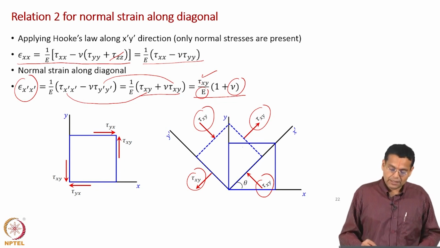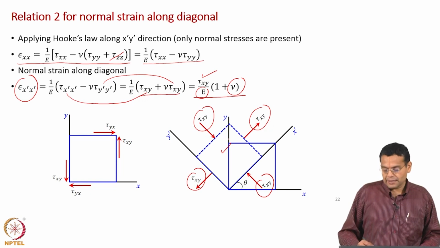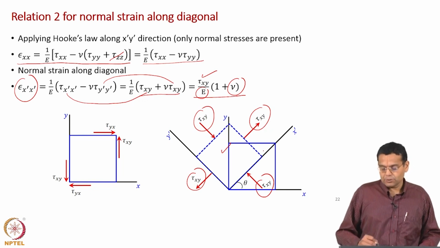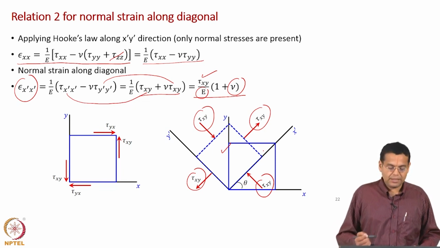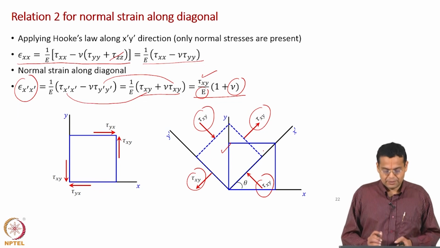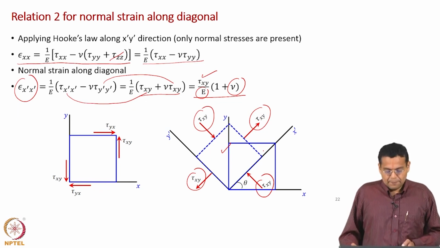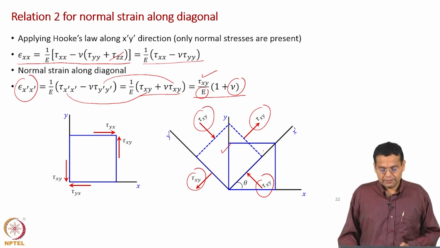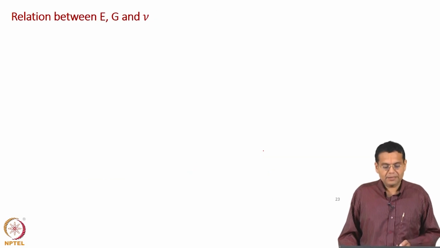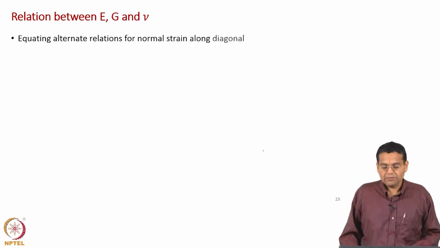So, we considered that rotated element and applied Hooke's law along x dash axis, which coincides with the diagonal of the original element, and then applied Hooke's law along that diagonal. Okay. So, now it becomes very simple, equating alternate relations for normal strain along diagonal.